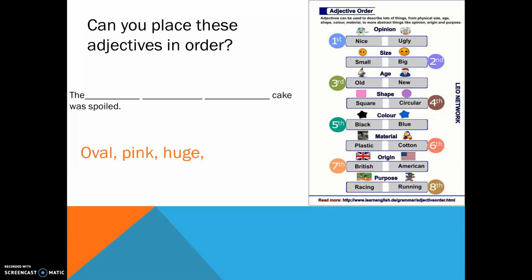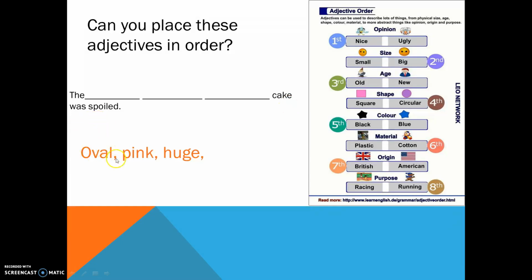So not only will we learn how adjectives can modify a noun, but we also need to know what order they go in. So here is a list of what order you can place your adjectives. Here I put a sentence for you. It says, the blank, blank, blank cake was spoiled.